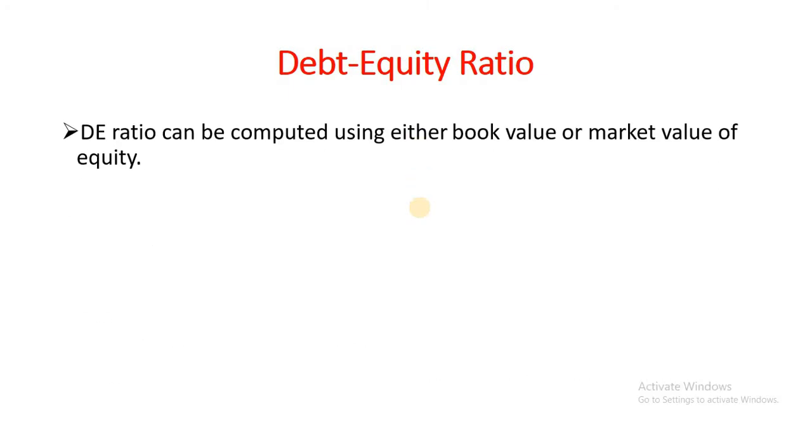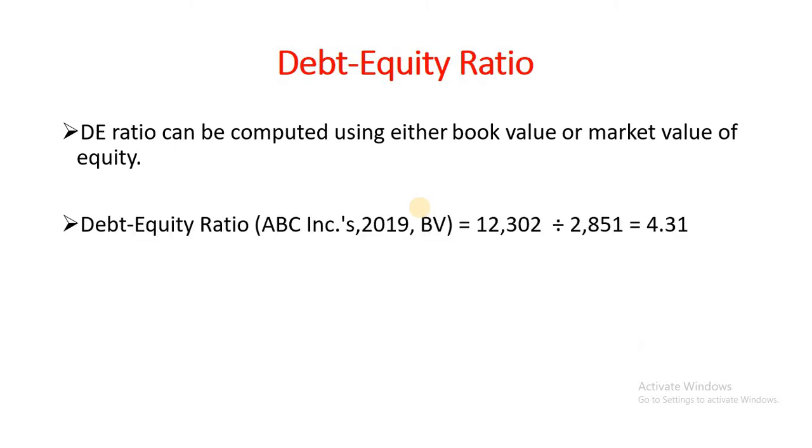Let's look at the debt to equity ratio. Debt to equity ratio can be computed using either book value or market value of equity. Here are debt to equity ratio examples of ABC Incorporation in 2019 based on the book value. So this BV means book value debt to equity ratio. It is 4.31.